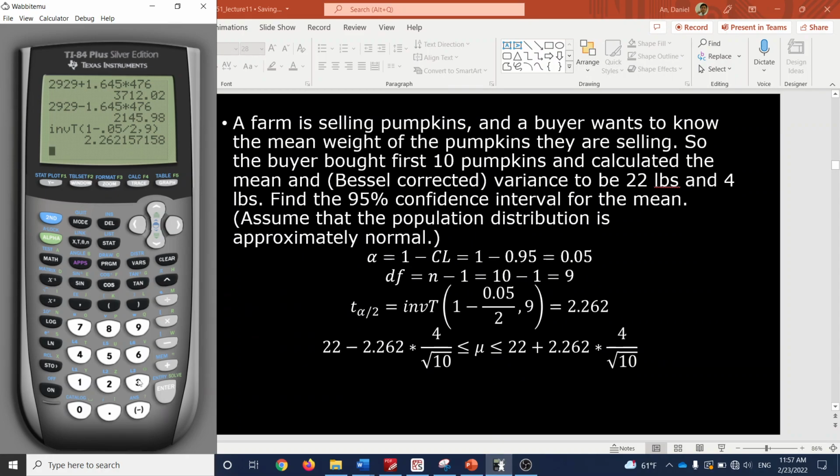Okay, so let's see, 2.262 times 4 divided by square root of 10 is 2.86. So let's add and subtract. So 22 minus 2.86 and 22 plus 2.86.